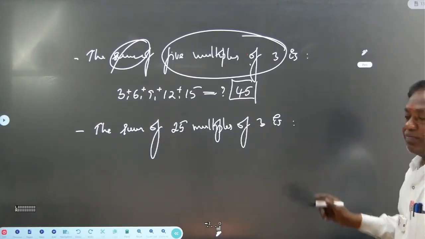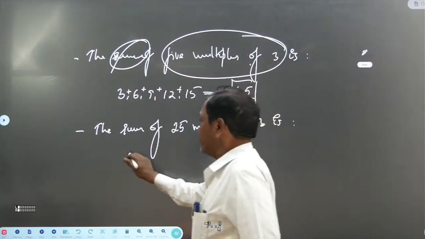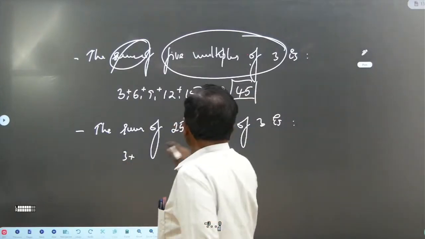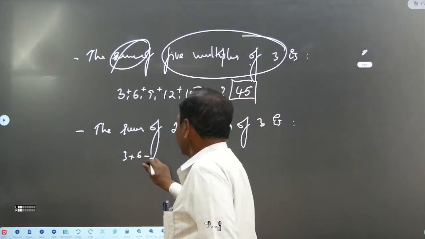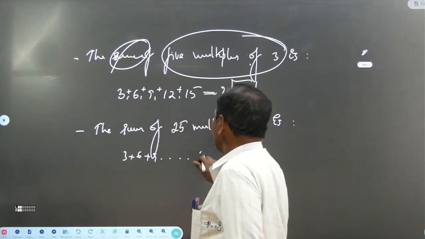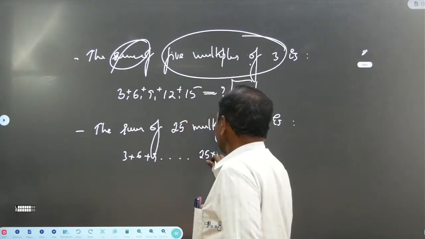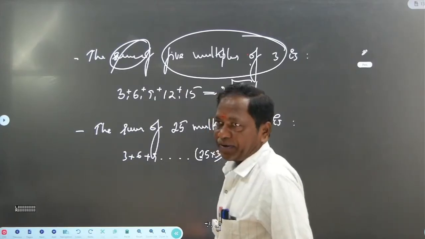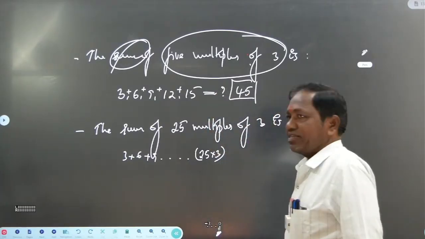You cannot write them all out, but you can download the information first. The multiples of 3: 3, 6, 9. The last one is 25 into 3, you should write like this.